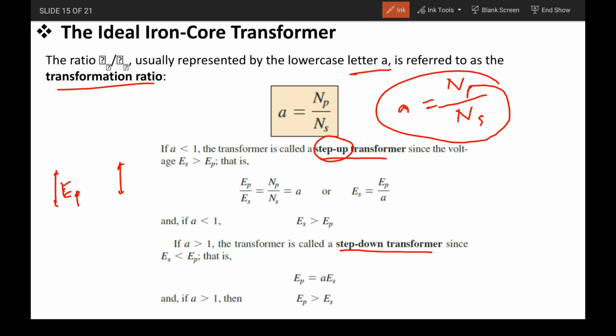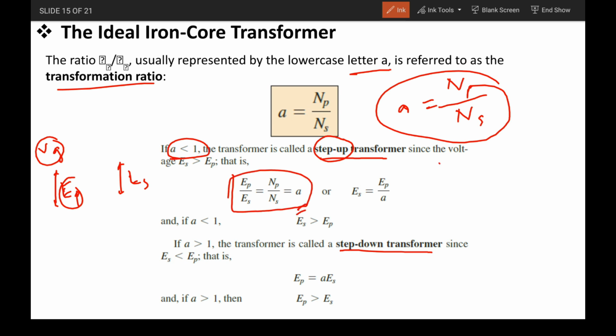Let's say we supply Vg, EP is induced across the primary and ES across the secondary. Then we know EP over ES equals NP over NS equals a.